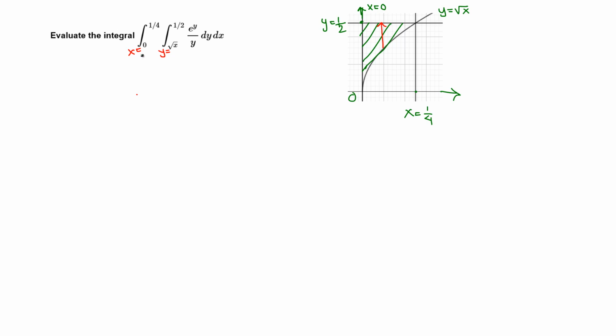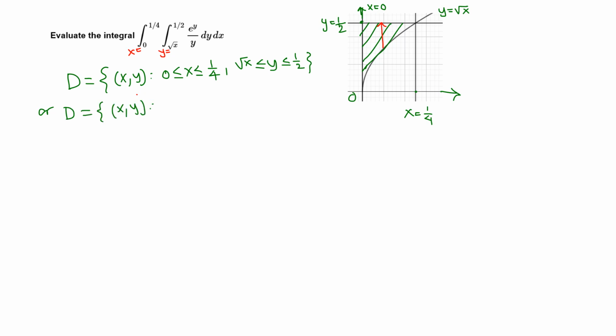Or we can write the region D as the set of (x, y) where x is between 0 and 1/4 and y is between root x and 1/2. The way it's given is type 1. The same region can be written as (x, y) where now I want to go in the horizontal direction.